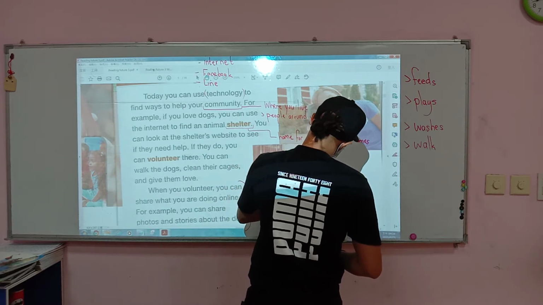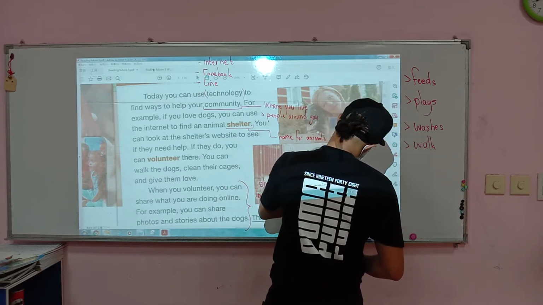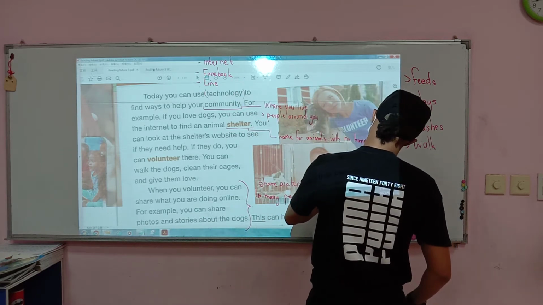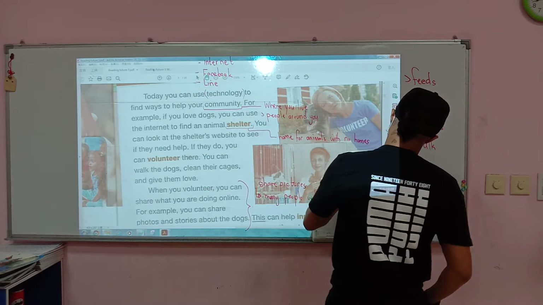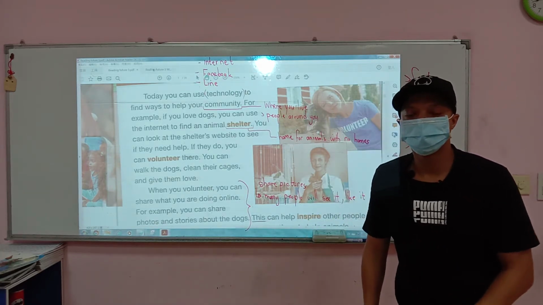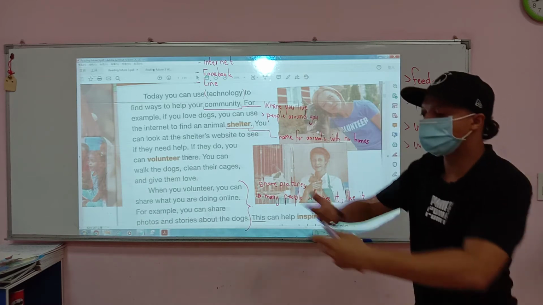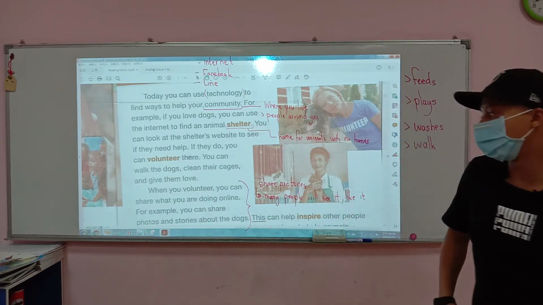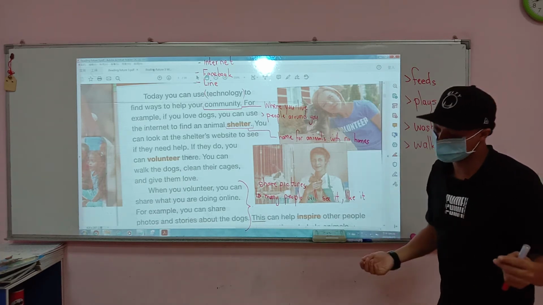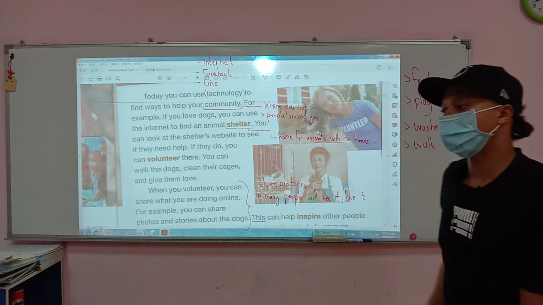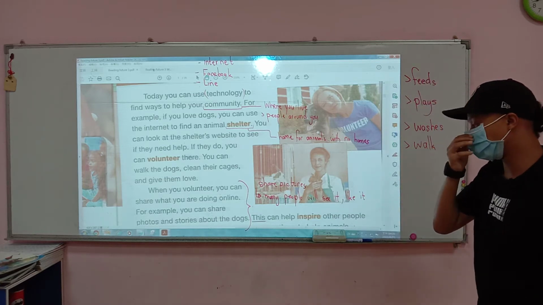And when you share pictures, okay, many people will see it. And like on Facebook, they can like it. So if many people like your picture, then they will also spread the picture because they want more people to see this cool picture with the dogs, or this happy dog that's jumping around and playing with you.